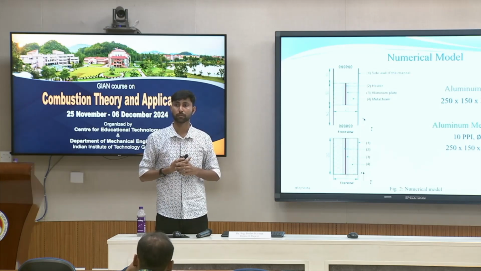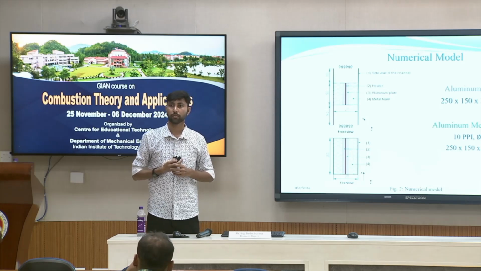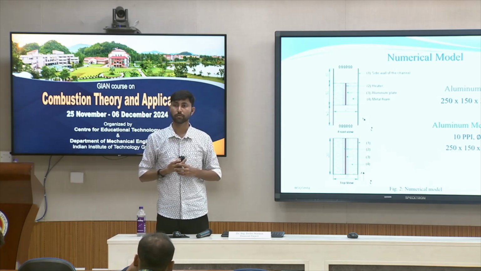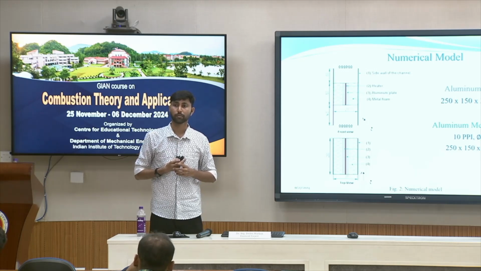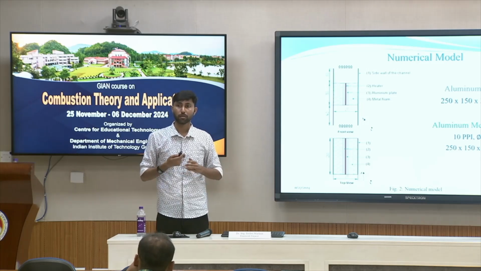Here, if you are changing the pore size, the conduction part will change. If you are reducing the amount of metal foam filling percent, the convection part will change. So there might be some coordination between these two: how much portion should be attached with the heater and how much flow should be there from the bottom.